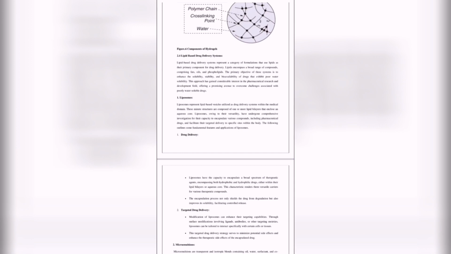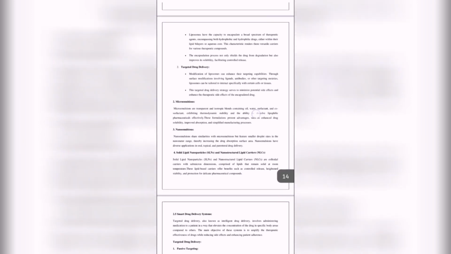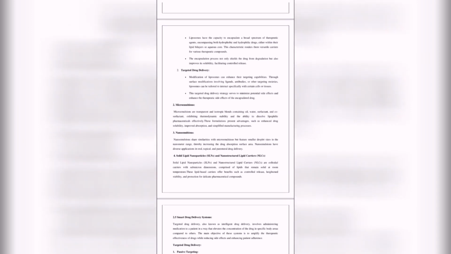The following are the outlines of liposomes: drug delivery and targeted drug delivery. Drug delivery: liposomes have the capacity to encapsulate a broad spectrum of therapeutic agents, encompassing both hydrophobic and hydrophilic drugs, either within their lipid bilayers or aqueous core.